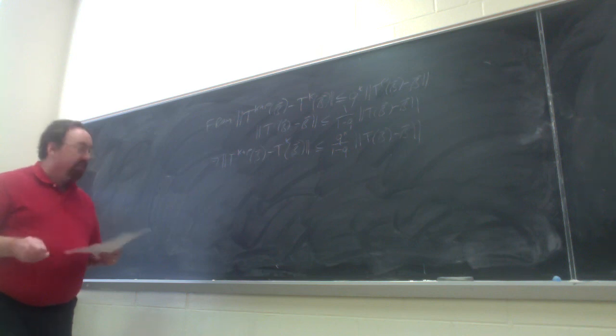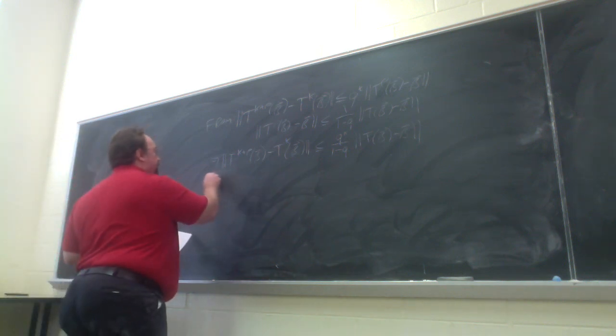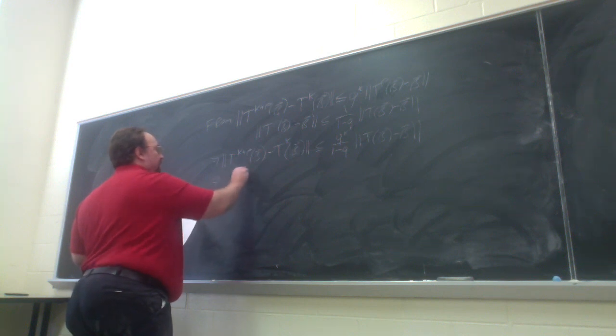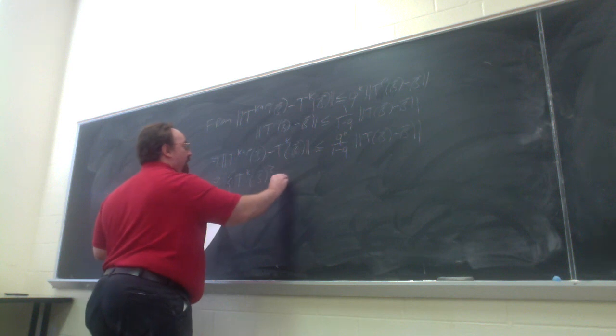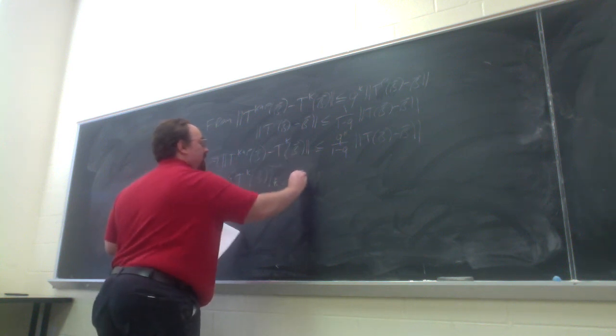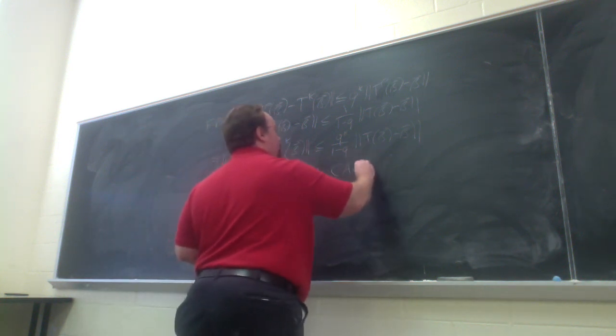Now, what follows from this is this sequence, t to the k applied to beta, for all k from 1 to infinity, is called a Cauchy sequence.